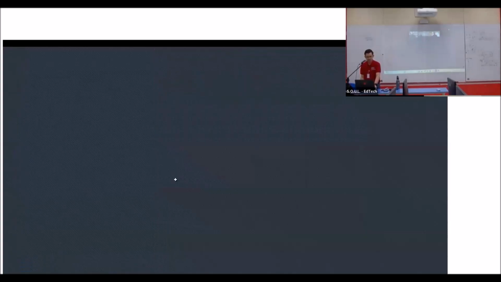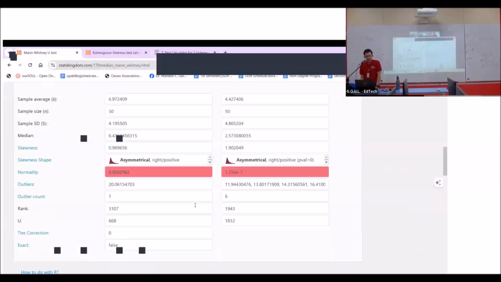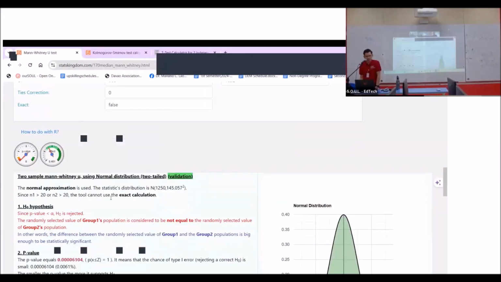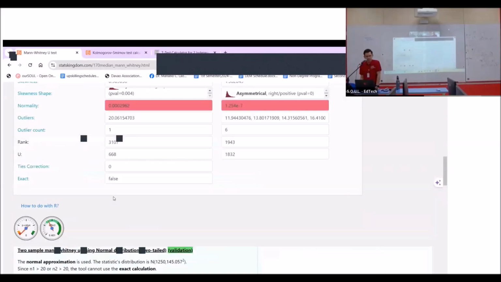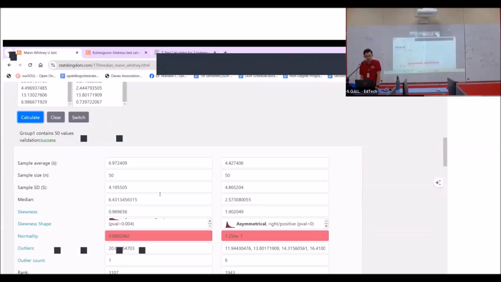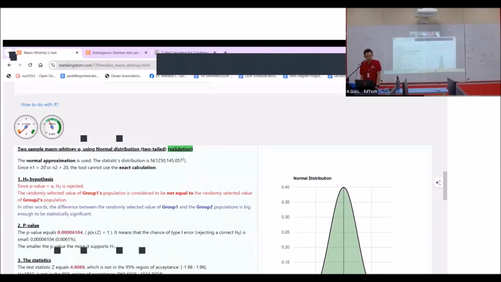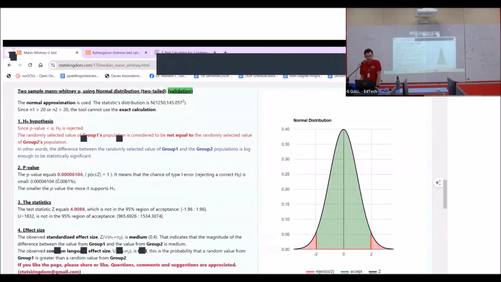Again, we're looking at the difference between class D and class E. And the data is skewed. Then calculate, that will actually give you here. Just look at the bottom part, because if you look here, your p-value is this one, your normal approximation, and the p-value is this one.